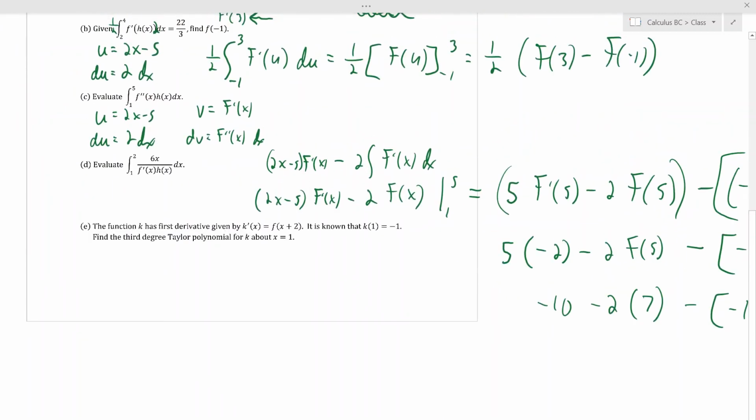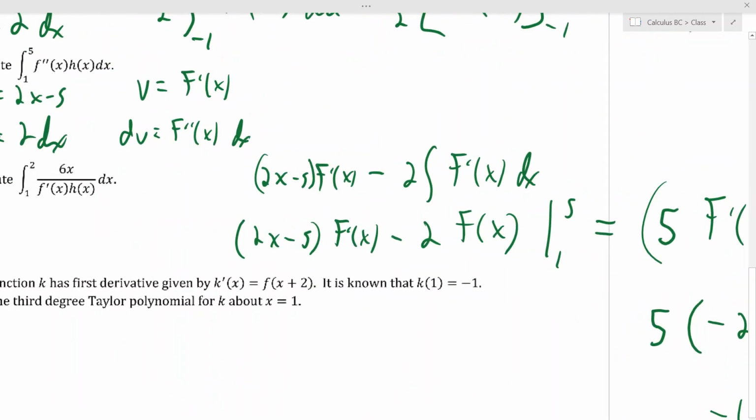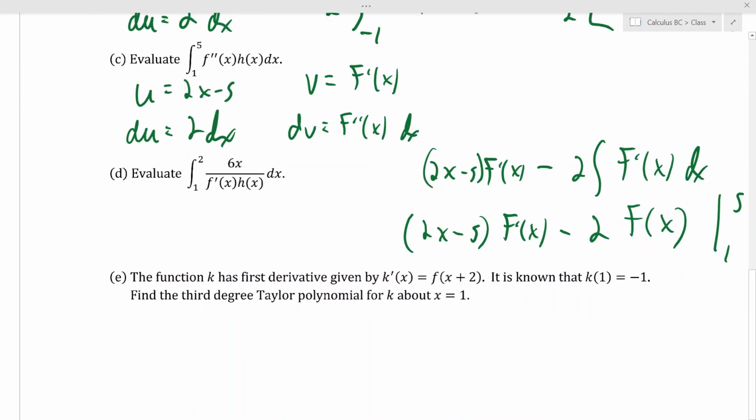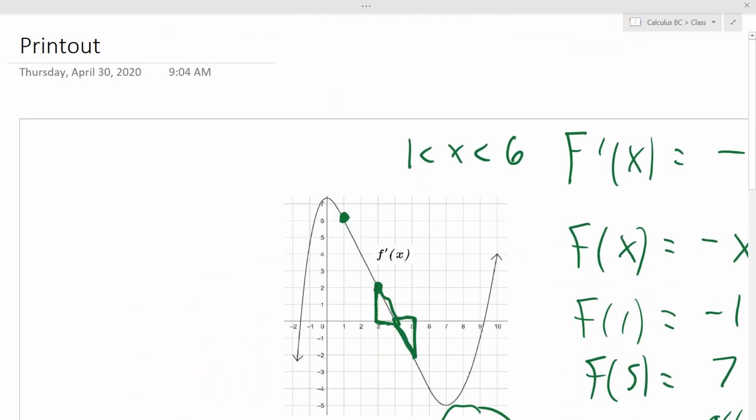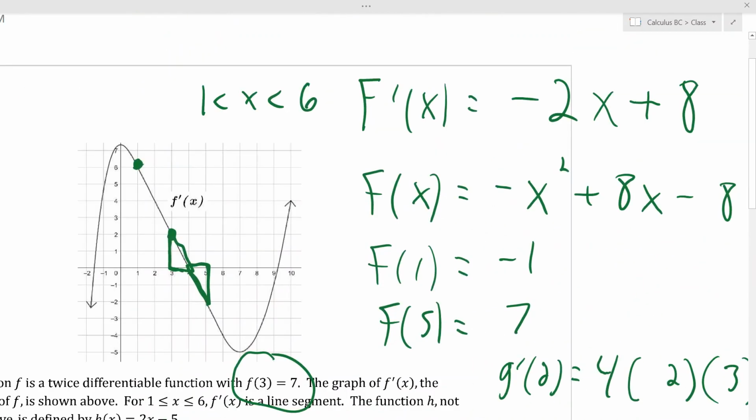All right, I know we're running out of time here. From 1 to 2, I don't know if they want us to find it, but I guess they do. This is partial fractions, and you can tell because you can't integrate that with that stuff down in the denominator. But from 1 to 2, like we said, f prime is just that line, -2x plus 8.